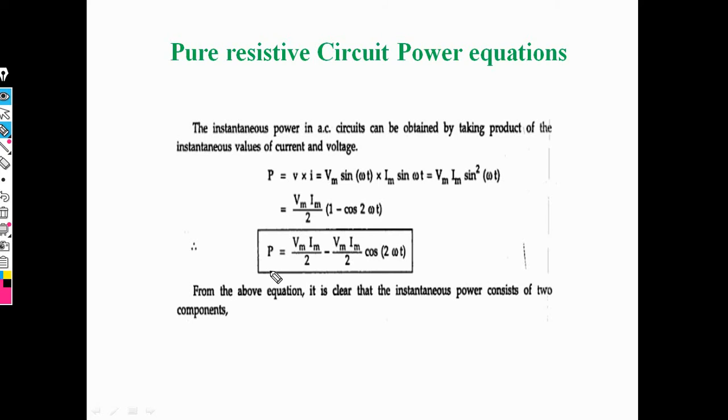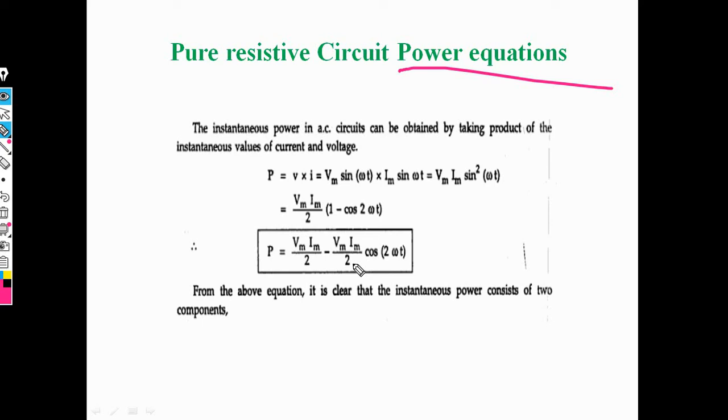The next equation for power is P is equal to Vm into Im upon 2 minus Vm into Im upon 2 into cos 2 omega t. This equation of power is applicable for a pure resistive circuit.